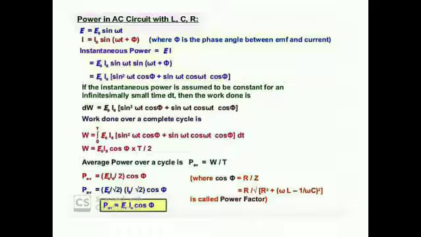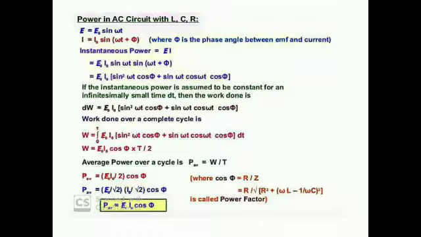Now power is defined as the product of voltage and current. So instantaneous power is equal to E into I, so E naught I naught sin omega t sin(omega t plus phi), and expanding sin(omega t plus phi), E naught I naught into sin square omega t cos phi plus sin omega t cos omega t sin phi.